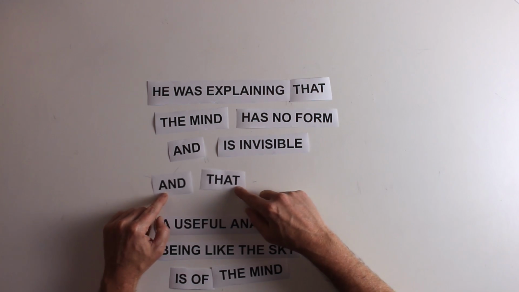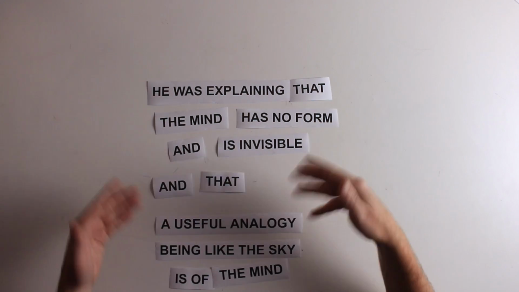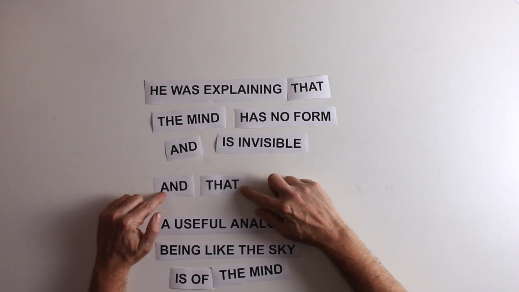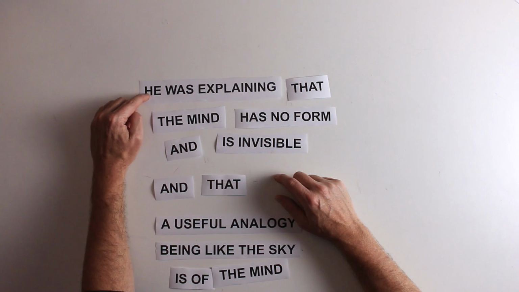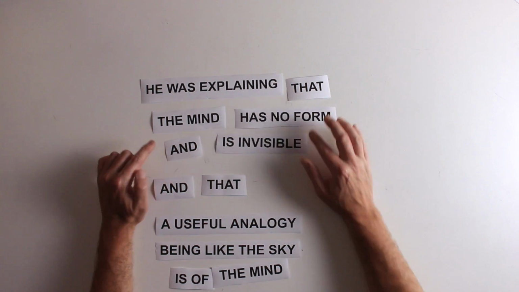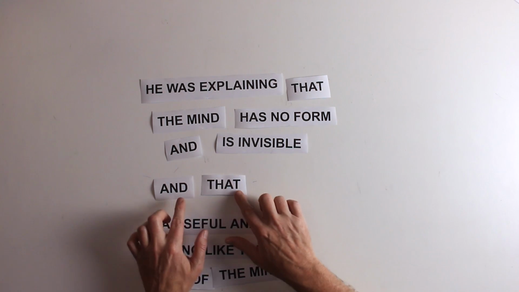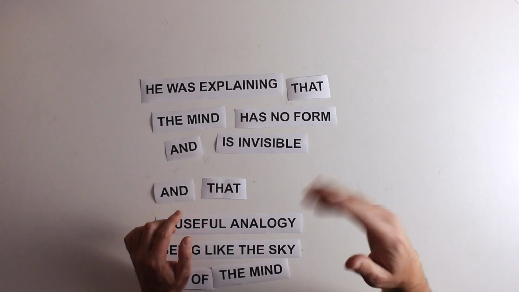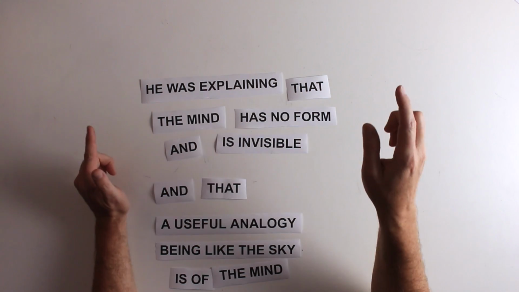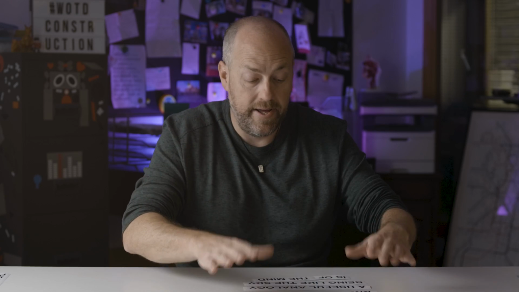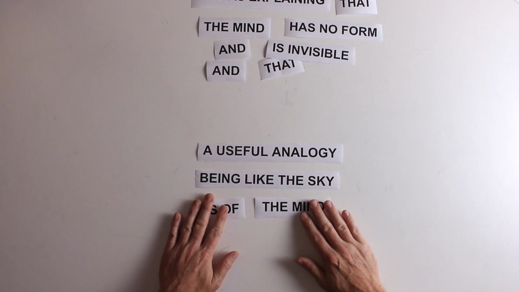This and that is eliminating the repetition of he was explaining that the mind has no form and is invisible, and that. So by using this, we don't need to repeat that he was explaining, and we don't need to repeat the mind. Okay, so now let's look at the second part of this sentence.